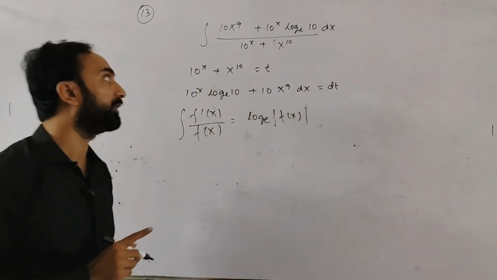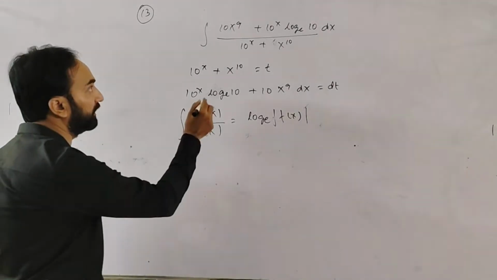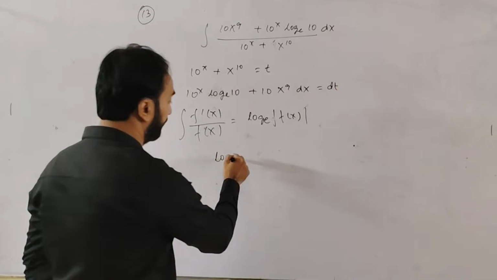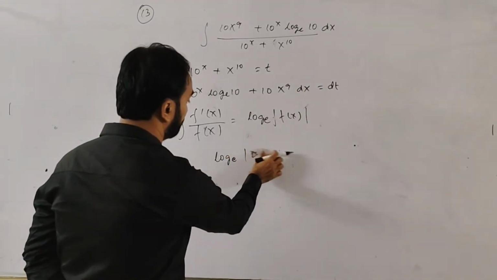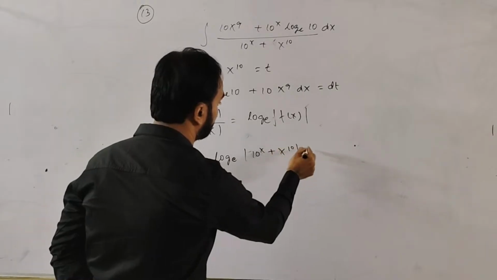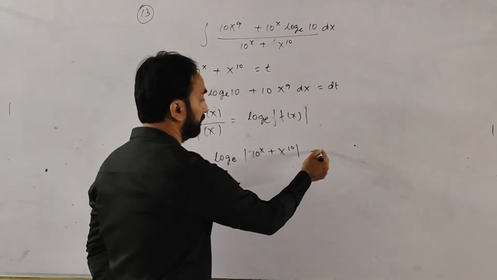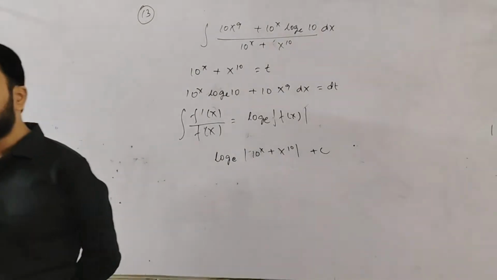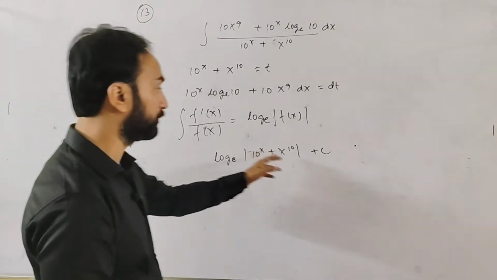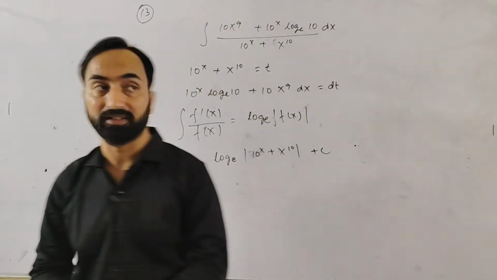So by using this property, we can directly write the answer as ln of 10 to the power x plus x to the power 10, plus c. This will be the final answer.